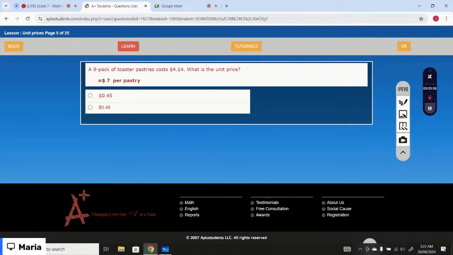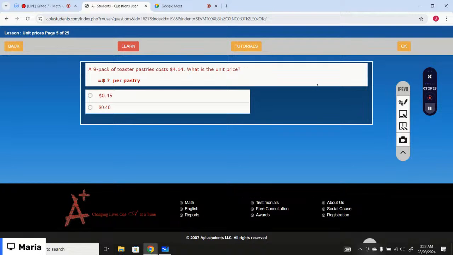So, which is the correct option? The correct option is 0.46.